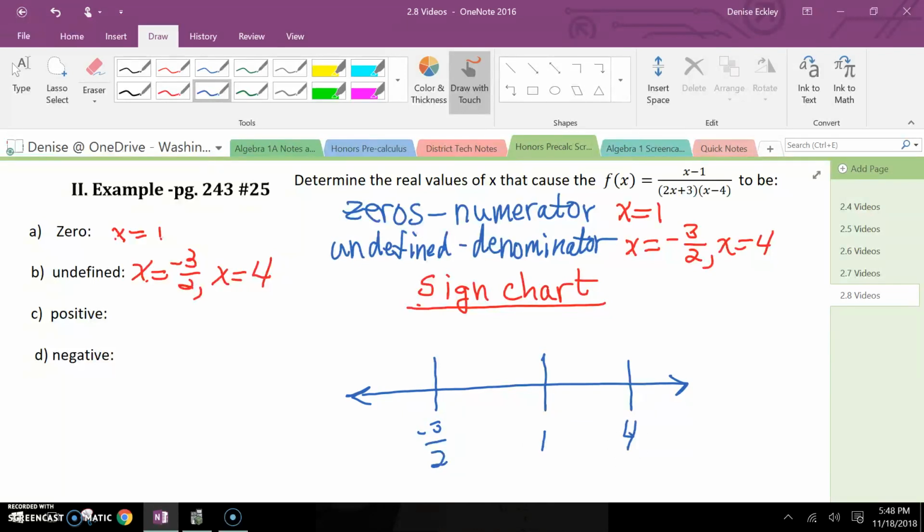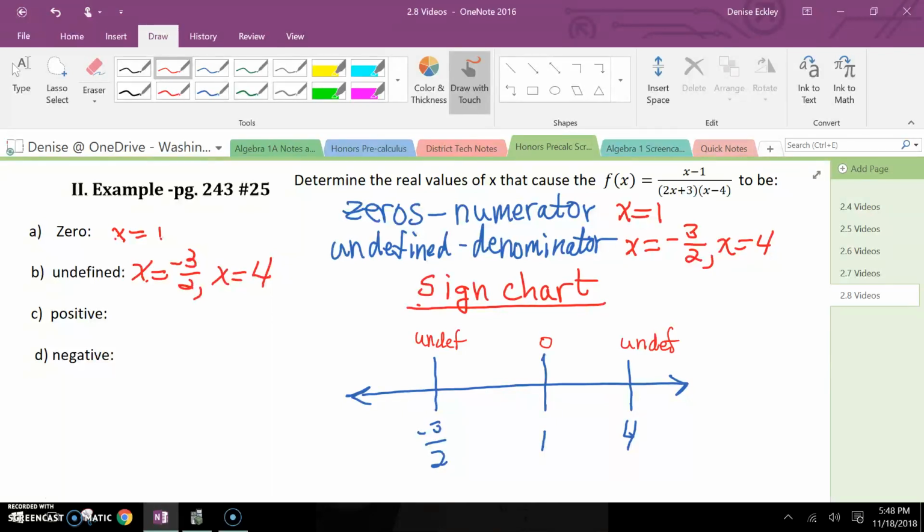Now I'm going to mark up above each of these that at negative 3/2 we're undefined, and also at 4 we're undefined. And this is going to help us when we're writing our parentheses later on in other problems. Do we need a bracket or do we need a parenthesis? And then of course we have a 0 here at 1.